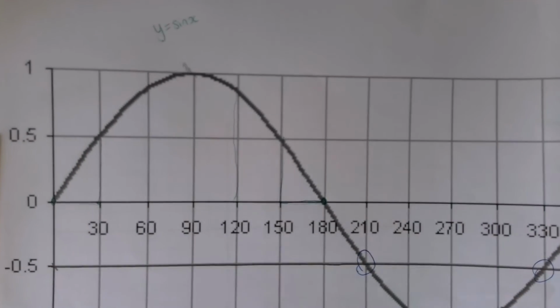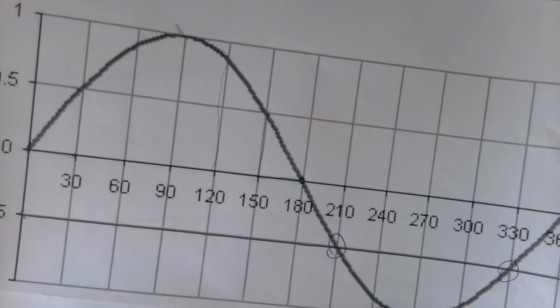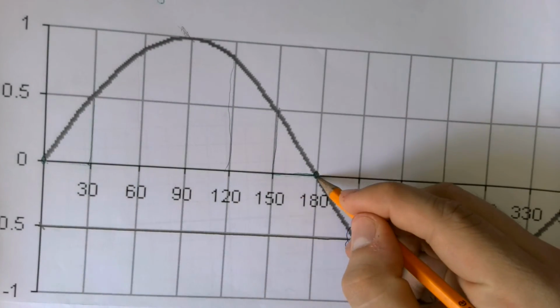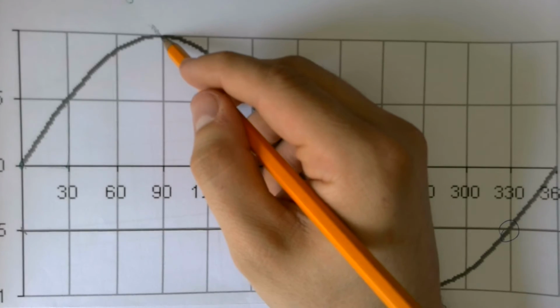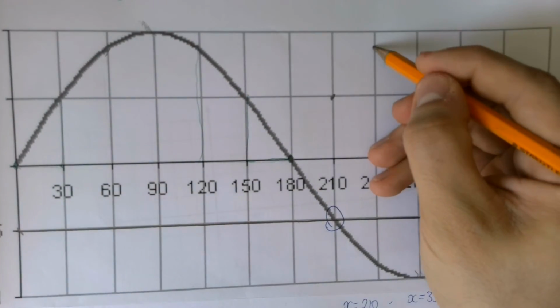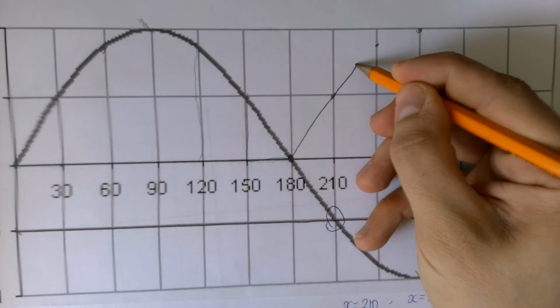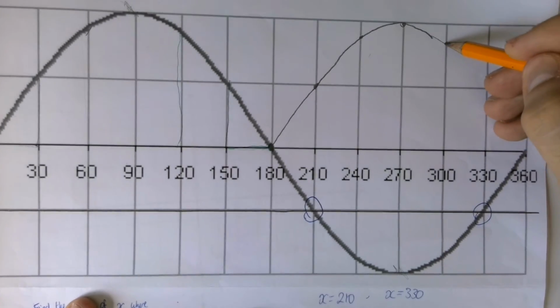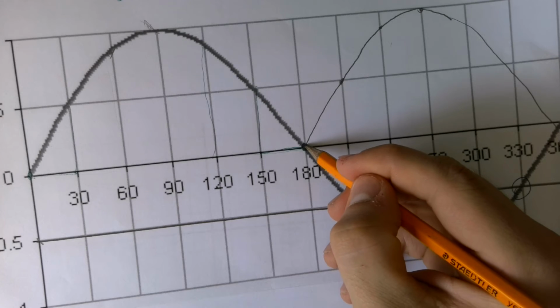So if I look here, I'd be expecting to move this 180 degrees to the right. So my prediction is I'm going to end up with something. This point is going to go to here, this point will go to here, this point will go to here, this point to here, and so on. So I'm expecting to have a sine curve but have it shifted down my graph, and that pattern is going to have to continue.